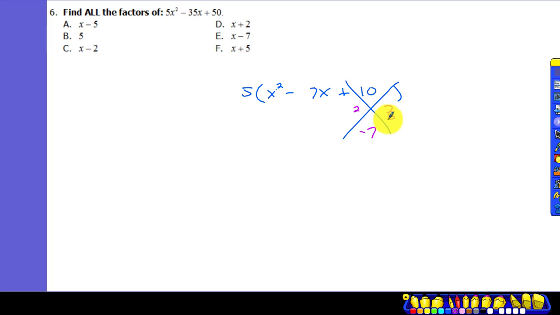Should it be positive or negative? If this one is positive, the sign of the factors should be the same sign as the middle term. So both negative. So there we go. That's all that we need to do. Maybe you forgot the GCF. That's why. So find all the factors. So what do we have? We have the 5. We have the x minus 2. And then x minus 5.